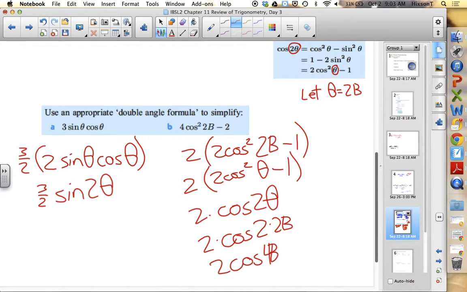But what about the square? How will you get rid of the power of square? Just by using the identity. The identity says this squared equals that. So you have to get a little creative and flexible with these.